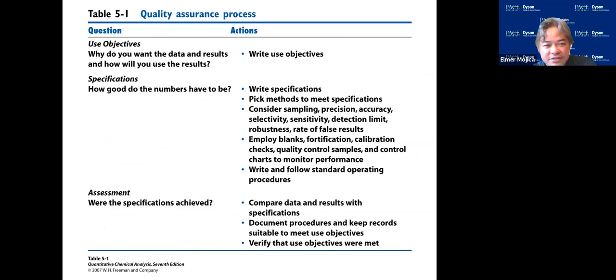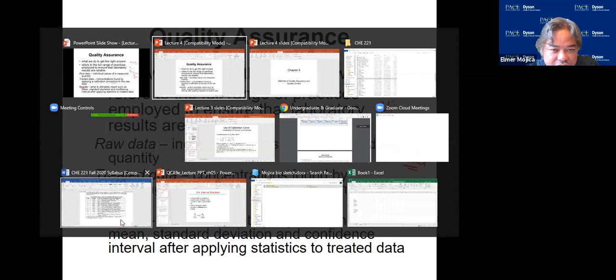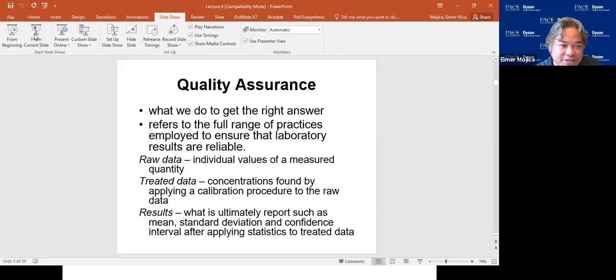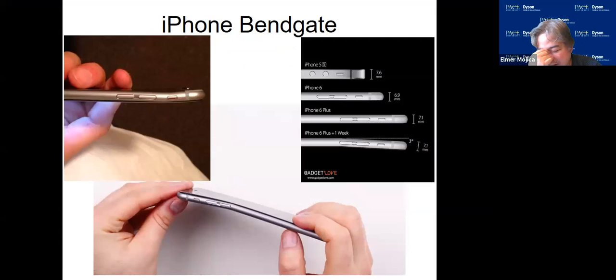Before we go more with the quality assurance, I just want to show you something that might be of interest to you. Why do we need to do this quality assurance or quality control? This one, I don't know what iPhone this is, iPhone 6. The first issue that they have with iPhone 6 is what?